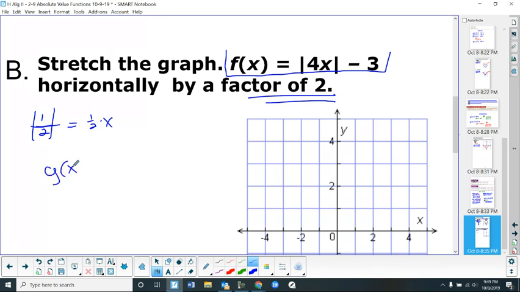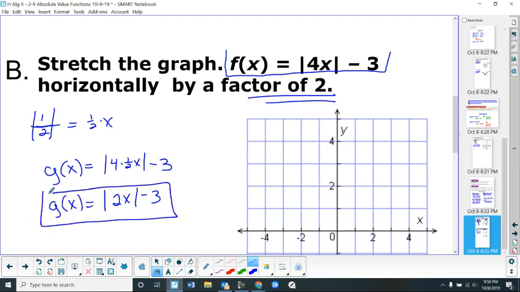So my new function, g of x, is absolute value of 4 times, I'm multiplying x times 1/2, minus 3. Well, 4 times 1/2 is 2x minus 3. So this is my new function, simplified right here.